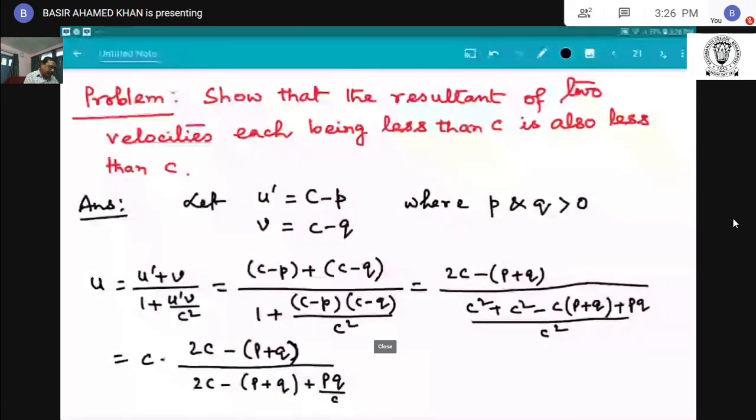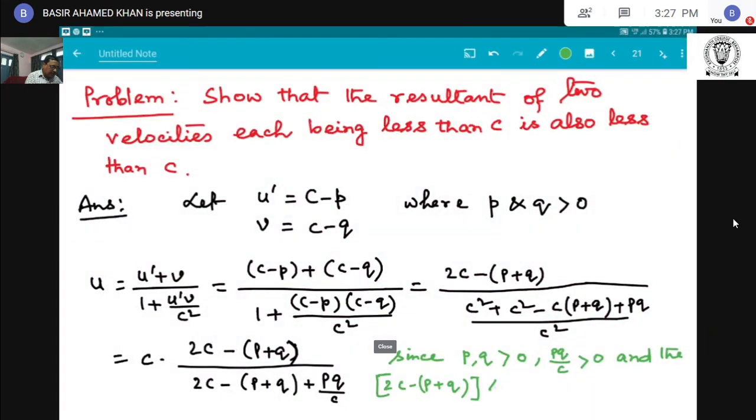Since p and q are greater than 0, pq by c is greater than 0, and the denominator is greater than the numerator.